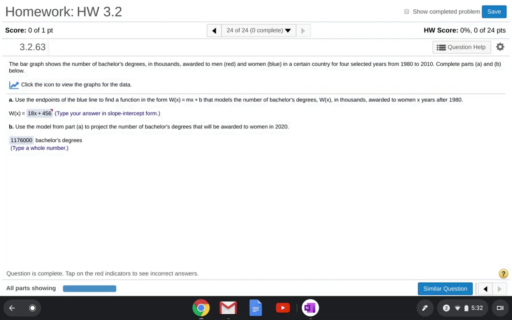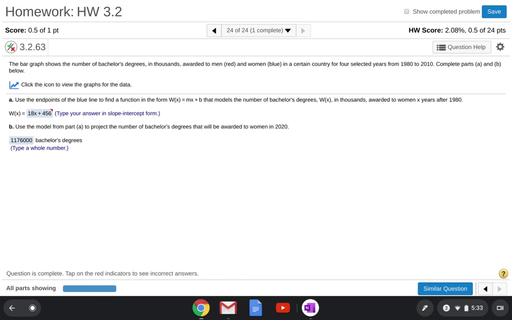We mentioned that when we built the function, w, the number of bachelor's degrees, is in thousands, just to make numbers smaller.